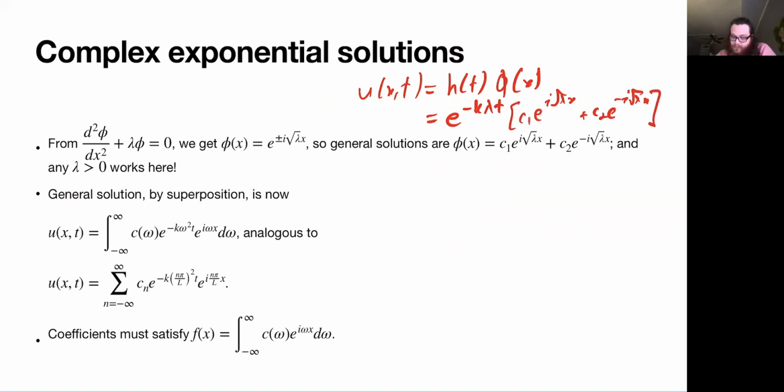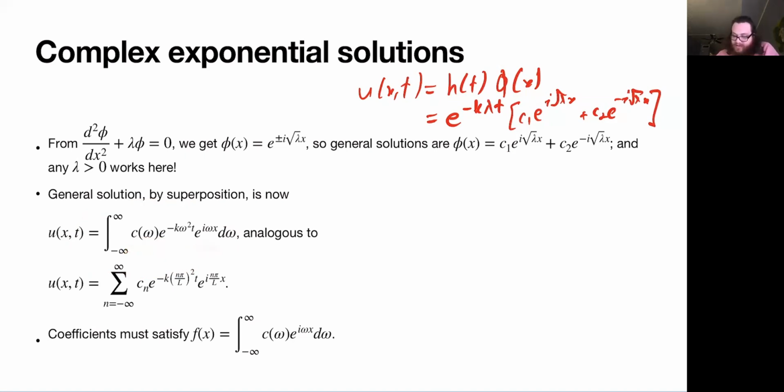Okay. And so now summing up over all of these, that becomes this integral, for some coefficients depending on omega. We're summing up over some coefficients times our time piece times a corresponding omega.